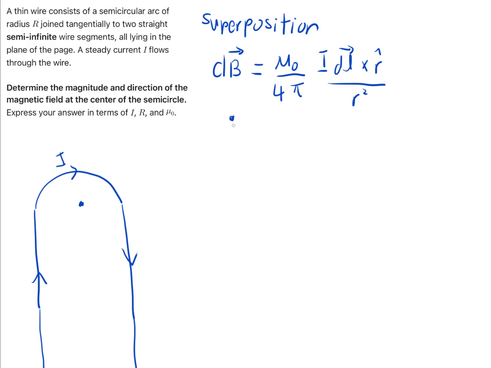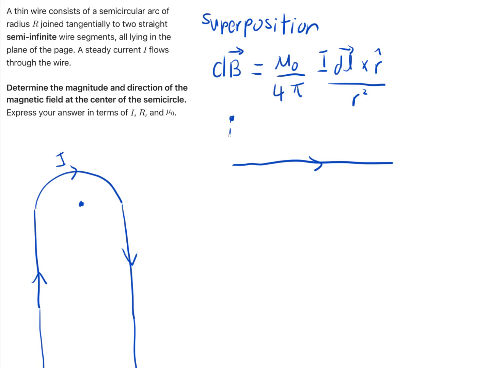Let's say the point is here, and then we have a wire with some current going through. It doesn't matter which direction the current is going. If you use the right hand rule, if it goes this way, it will end up pointing out of the page at the point, and if you do it the other way, it will go into the page, since both the point and the wire are in the plane of the page.